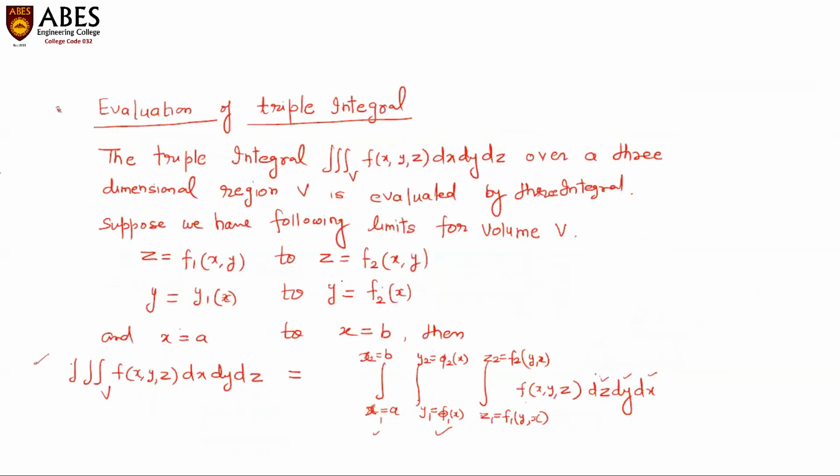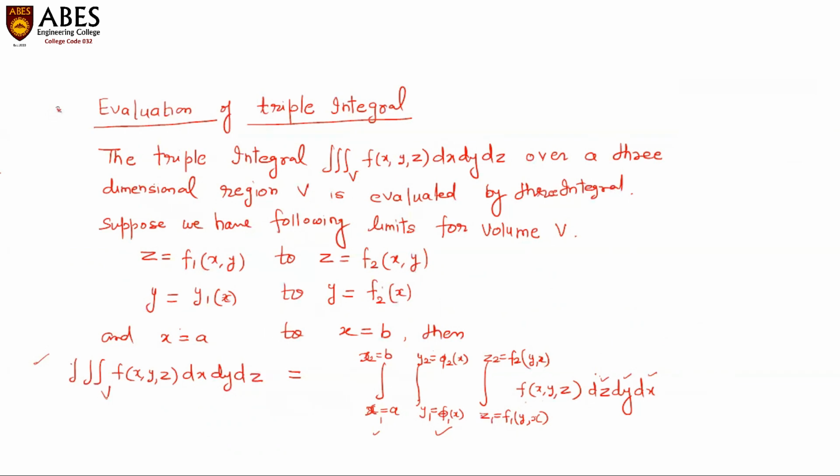Now we will evaluate the triple integral. The triple integral over V of function f(x, y, z) dx dy dz over a three-dimensional region V is evaluated by three integrals. Suppose in the first integral the limits of z depend on x and y, the limits of y depend on x, and the limits of x are constant.